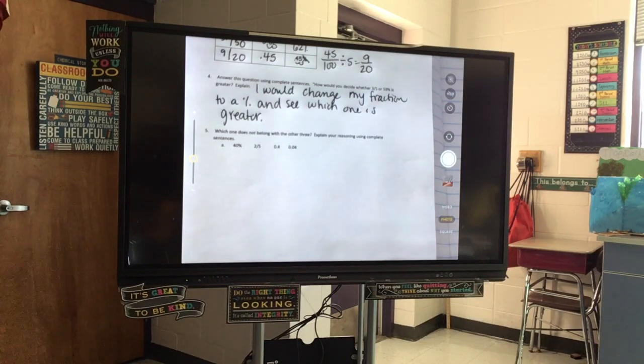So you're looking at 40%, 2/5, 4/10, and 400 thousandths, sorry. Alright, so I'm going to give you about a minute to talk to your group members and figure out which one you think doesn't belong. Alright, go ahead. Which one do you think doesn't belong? Give me a guess. Tell me which one you think.